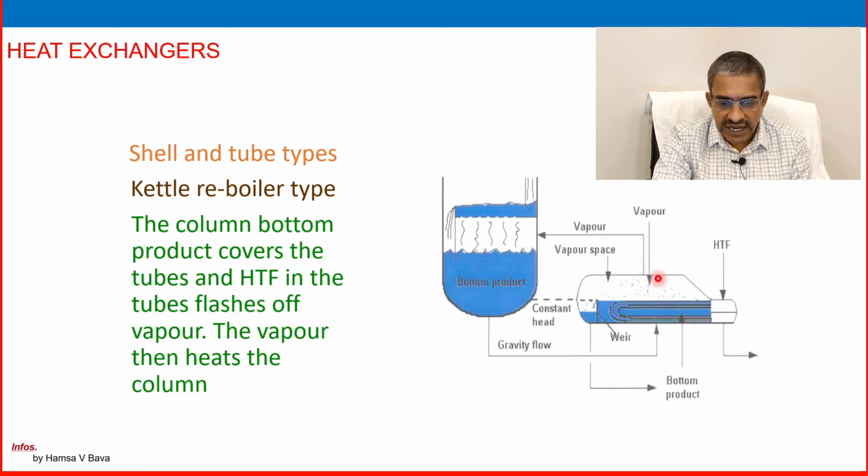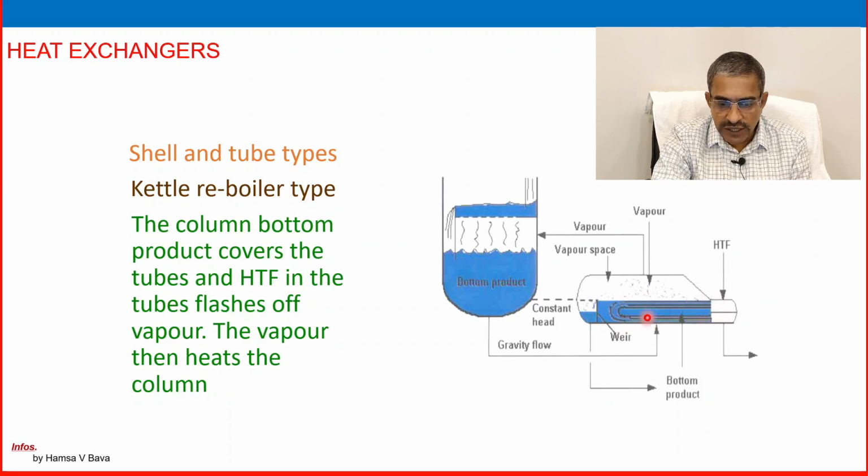So the shell side fluid is here, vaporizing back, and the tube is always immersed in the shell side fluid. So the level is also maintained in this one, always with a weir and some mechanical method to keep the level covering here.